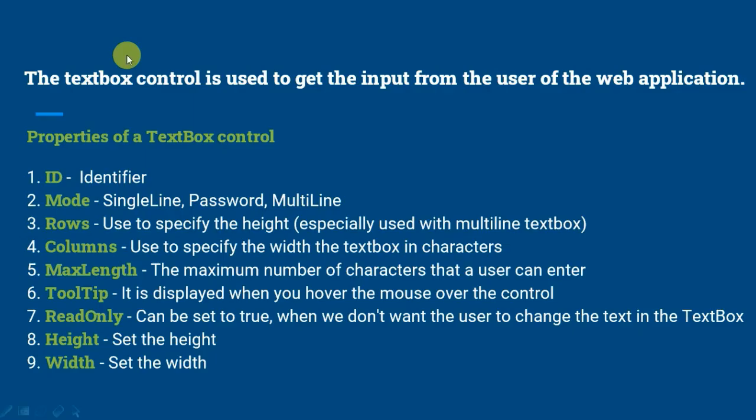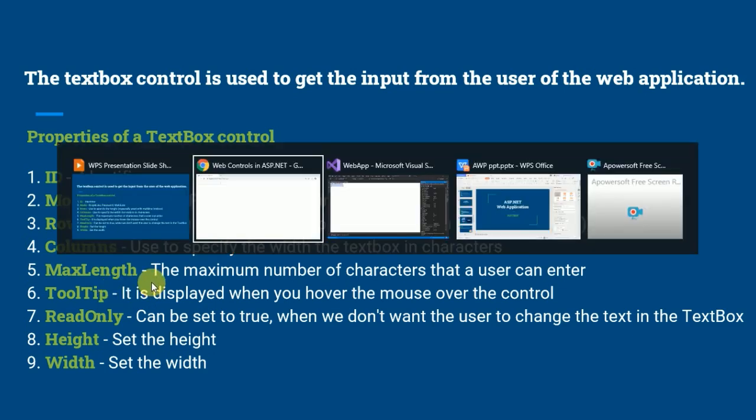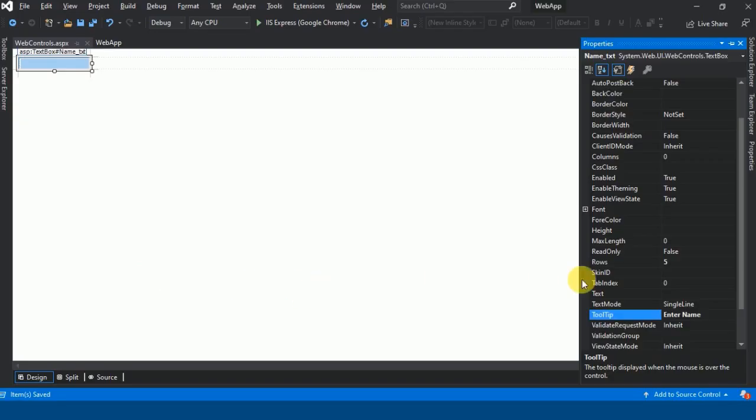So mode we have done, rows and columns, tooltip also done. The next one we can look into is max length. Max length is used to restrict the number of characters that your user can enter.